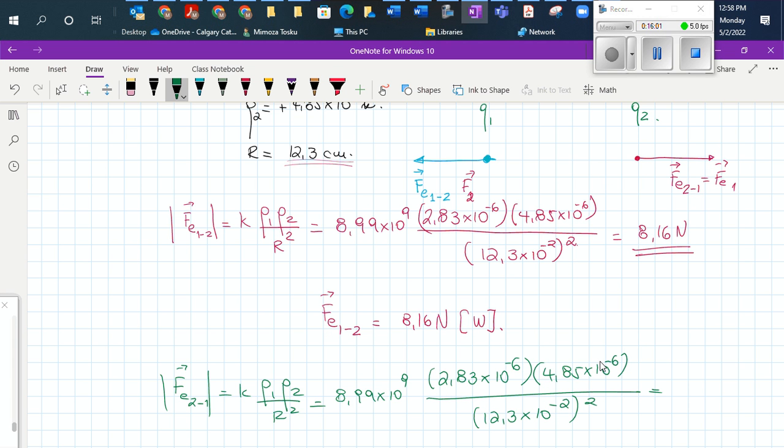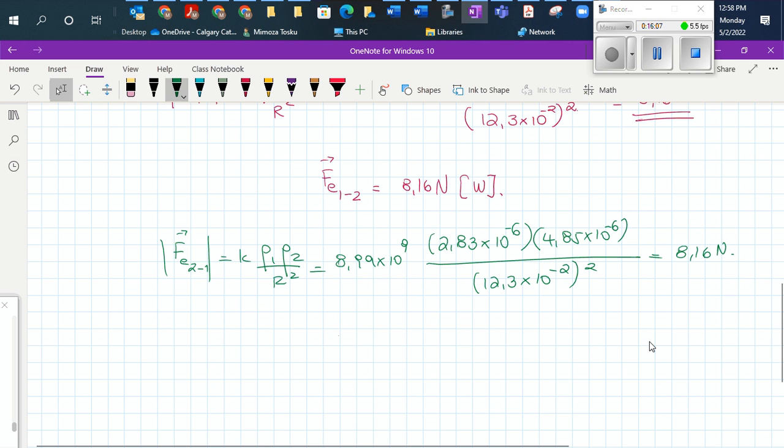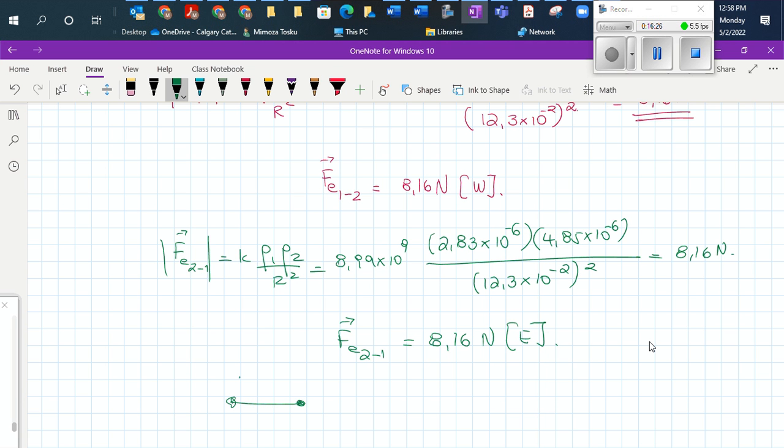So everything is the same, it will be 8.16 newtons. And if you are expressing it as a vector, then you will have 8.16 newtons, and in this case going toward east.